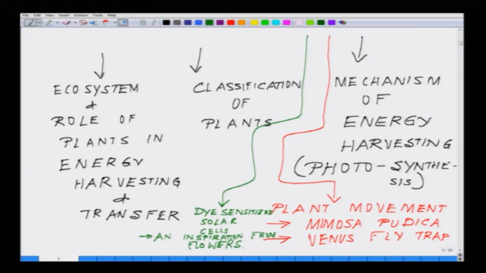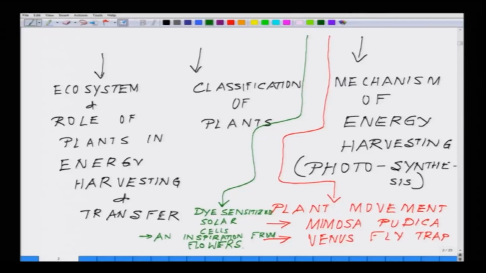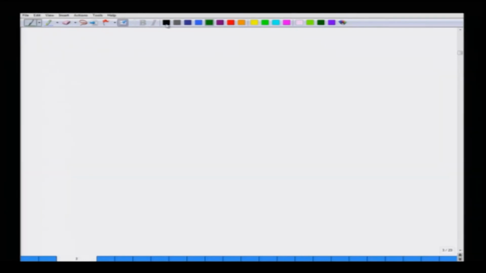So this is the overall outline of what we are going to deal with, which I was trying to tell you verbally. Coming back to the ecosystem part: essentially in the ecosystem, assume the sun as the major source of energy.